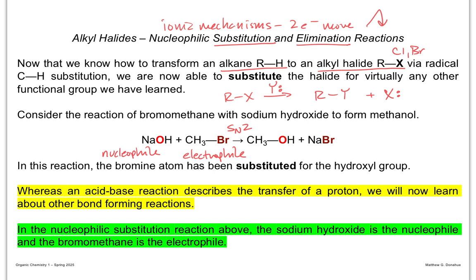Remember we learned about the different theories, so Arrhenius, Bronsted-Lowry, Lewis. For all mechanisms, we're now considering the Lewis definition of things. A nucleophile is an electron pair donor, and an electrophile is an electron pair acceptor.